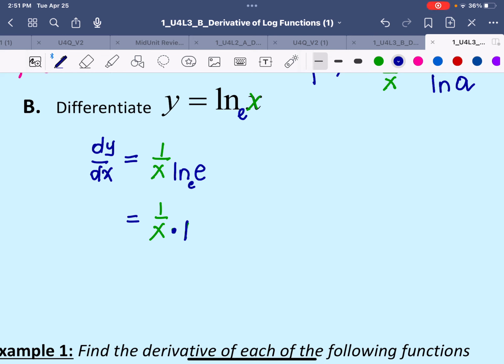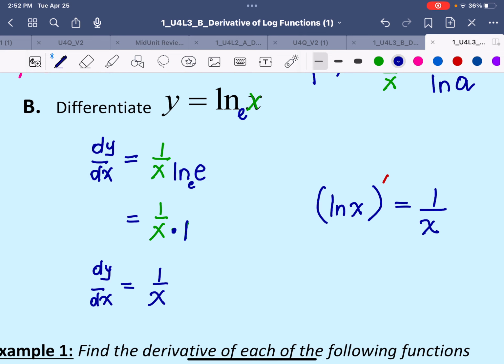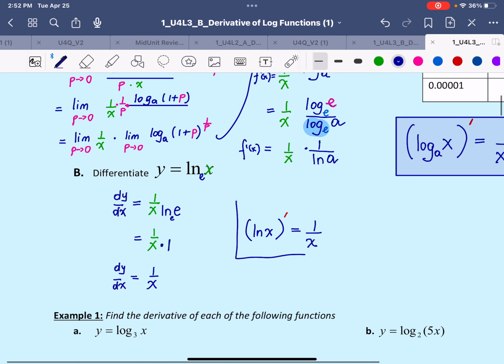And we'll say that dy/dx equals 1 over x. So therefore, the derivative of ln of x equals 1 over x. And this is the second formula, my more favorite formula when it comes to derivatives of logs.